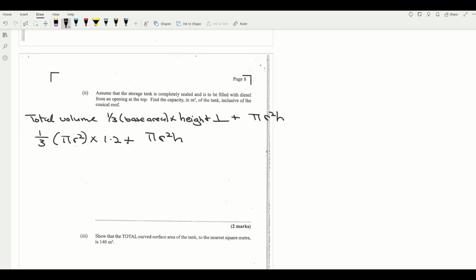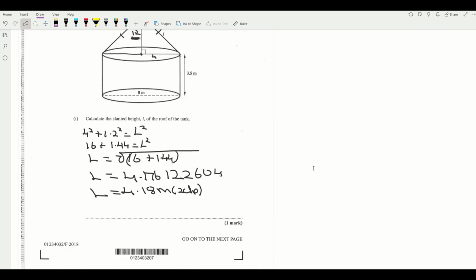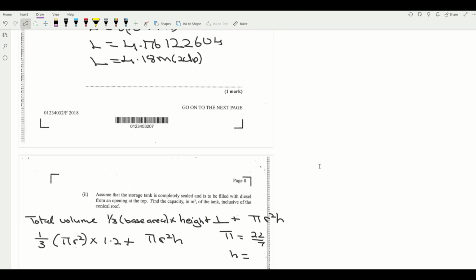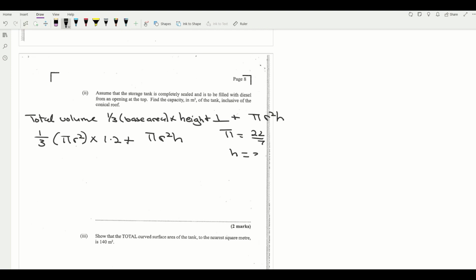Our radius is not 8, let's make sure it's 4. Pi is equal to 22 over 7. The height of your cylinder is 3.5. r is equal to 4.